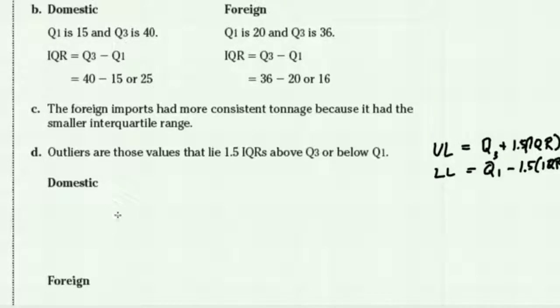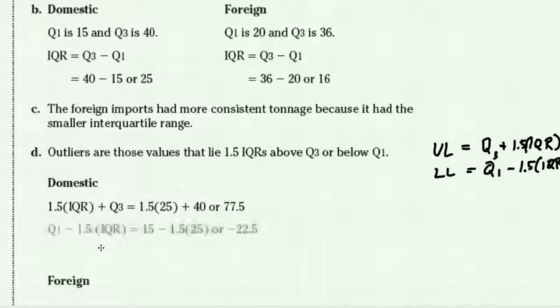So for the domestic, 1.5 times the IQR plus Q3: since our IQR is 25, we get 1.5 of that plus 40. So our upper limit would be 77.5. And our lower limit would be Q1 minus 1.5 IQR, which is 15 minus 37.5, or negative 22.5.